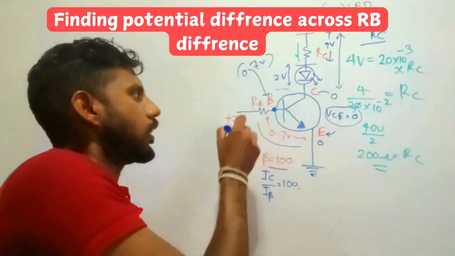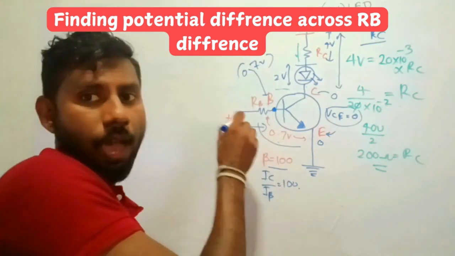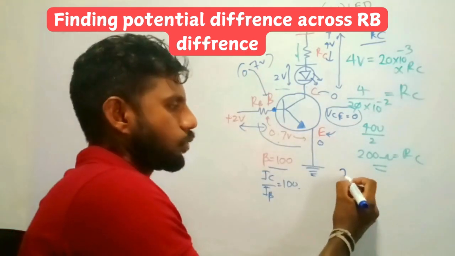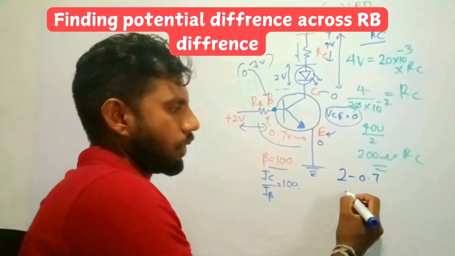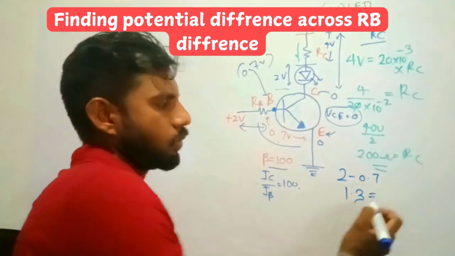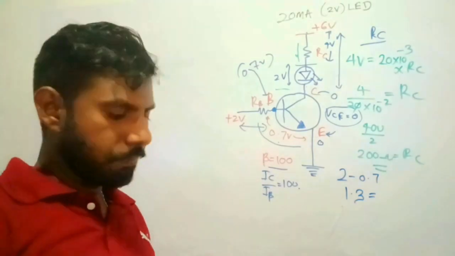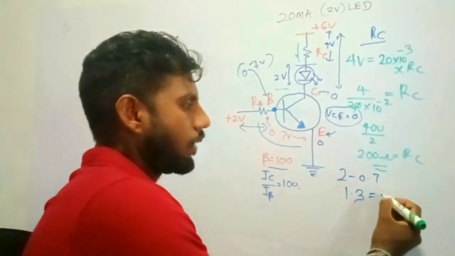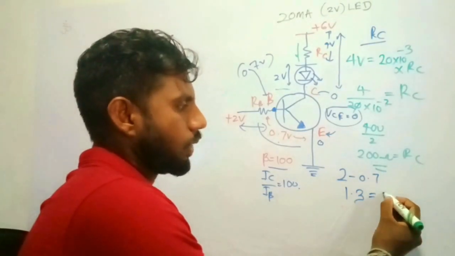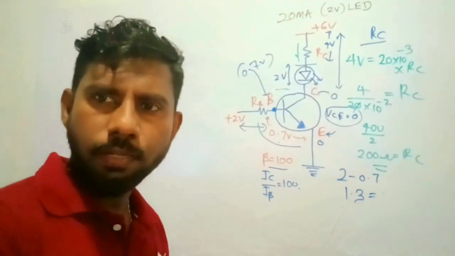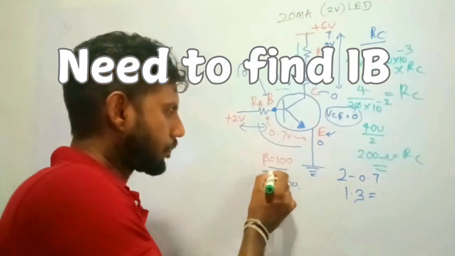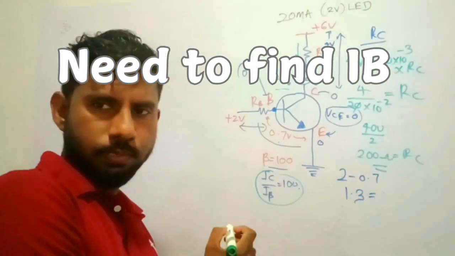So the potential difference across this RB resistor is 2 minus 0.7, it's 1.3. So let's apply V equals IR, the same thing for RB. IB current we don't know, but we know the IC current.